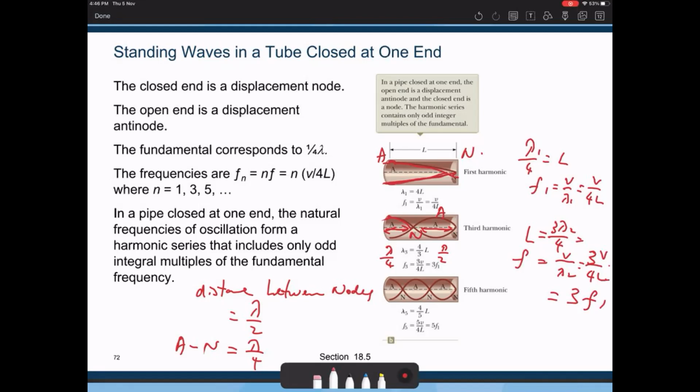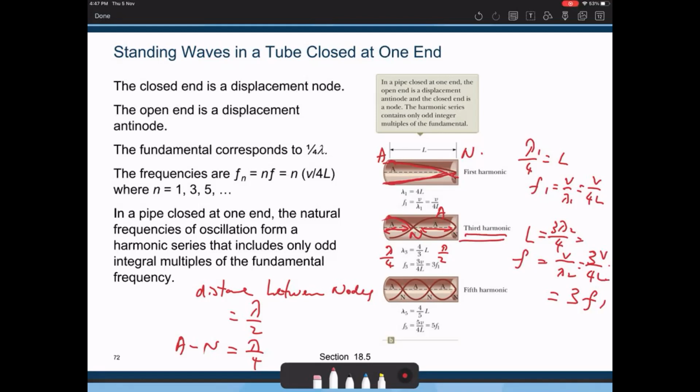So it is not simply the second harmonic, because the frequency is not 2 times the first harmonic. It is 3 times the first harmonic. So the second simplest case corresponds to actually the third harmonic in the case of a tube open at one end and closed at the other.